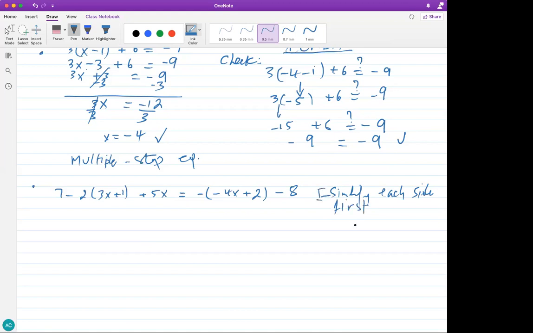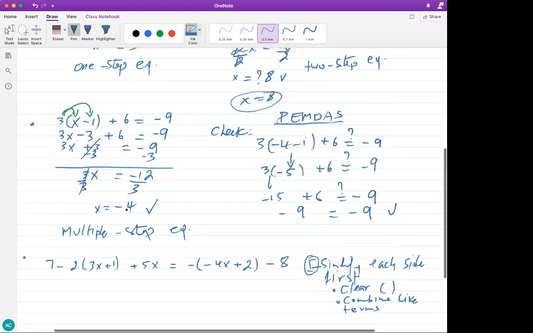So that's your first step. And by that we mean clear the parentheses or the distributive property. Clear the parentheses, combine like terms. That's the first step. So let's do that and see what to do next.